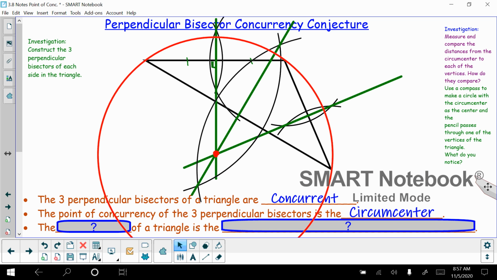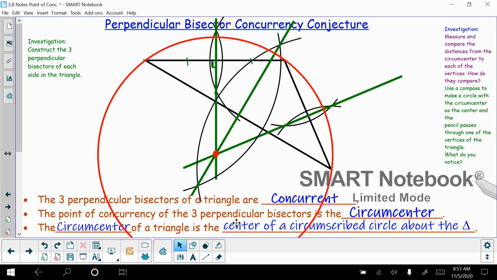So the circumcenter, this point of concurrency right here, is the same distance from each vertex, because you're able to make that circle. So that's what goes on the last bullet. The circumcenter of a triangle is the center of a circumscribed circle about the triangle. That's what you call a circumscribed circle, when the circle touches all three vertices of a triangle, or really any polygon.